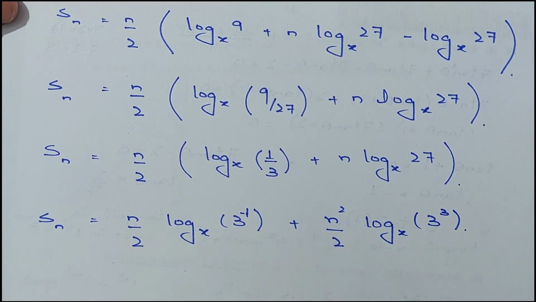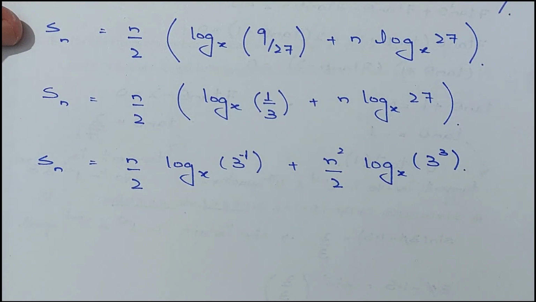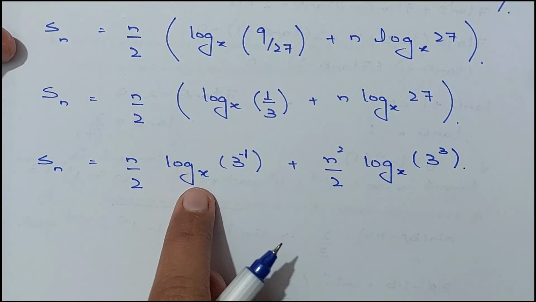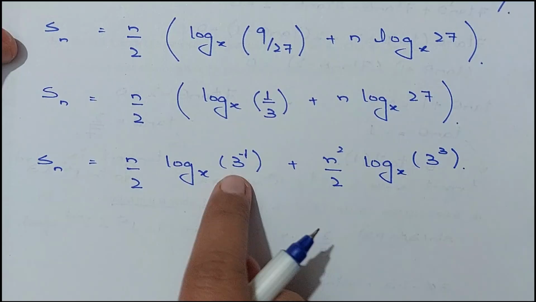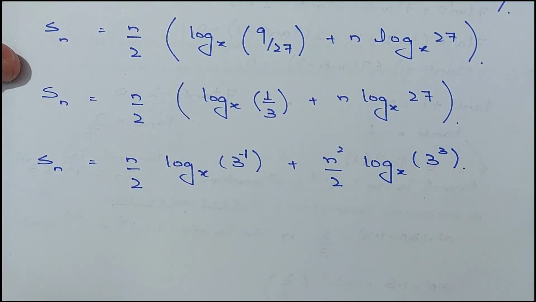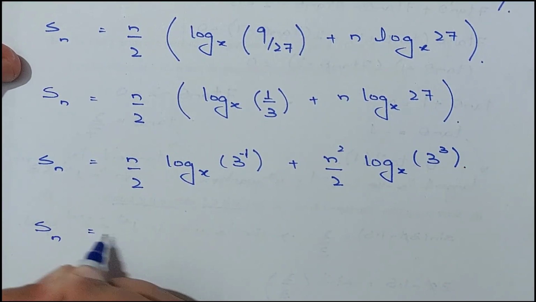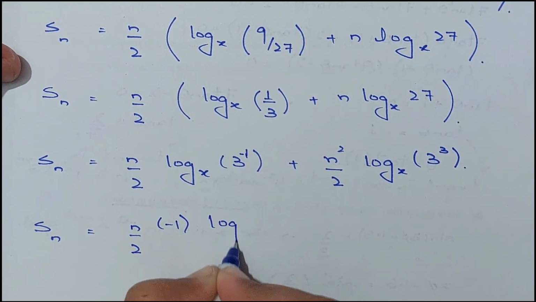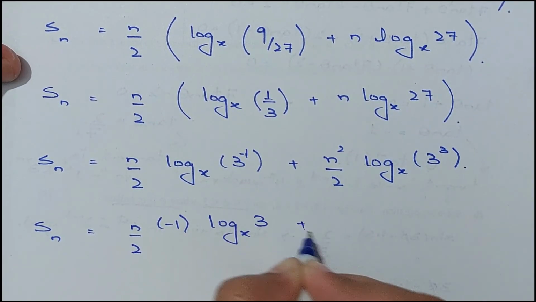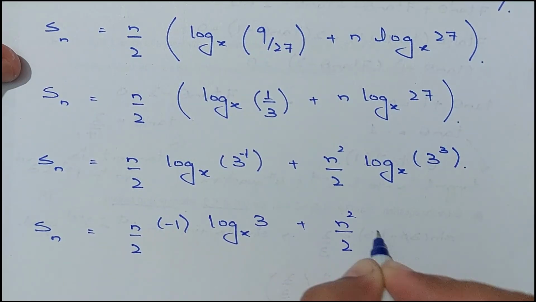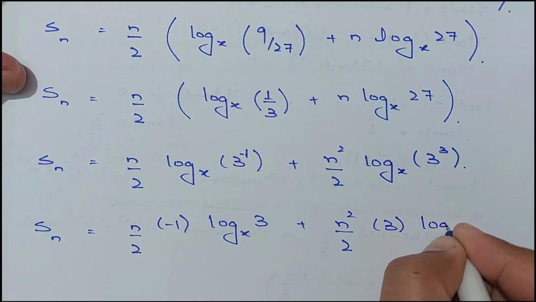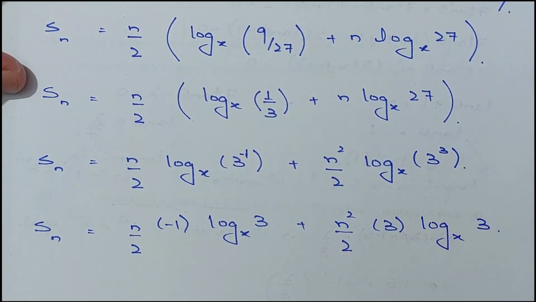All right, now we make log base x, and the argument of the log must be 3. So Sn is n by 2 times minus 1 over here, log x of 3, plus n squared by 2 times 3, the power comes before the log x of 3.